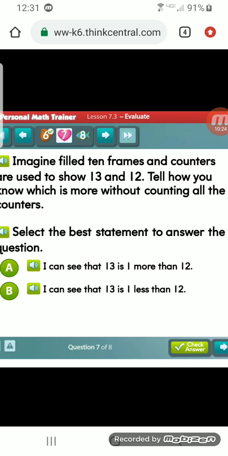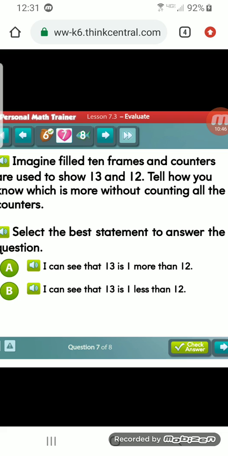Imagine filled 10 frames and counters are used to show 13 and 12. Tell how you know which is more without counting all the counters. So, the first sentence for A says, I can see that 13 is 1 more than 12. And B says, I can see that 13 is 1 less than 12.